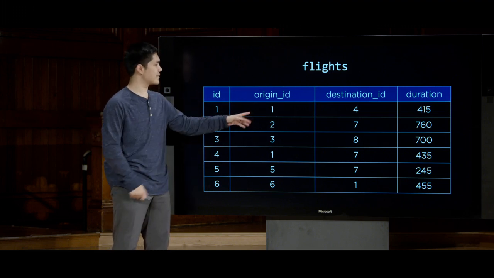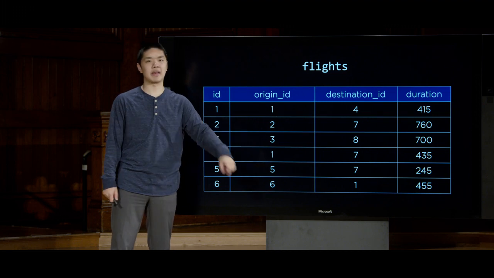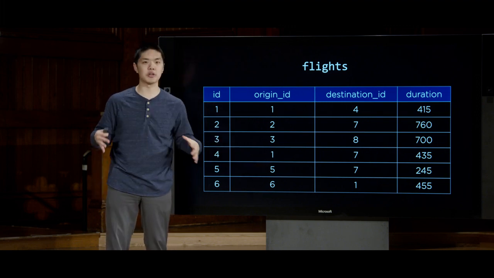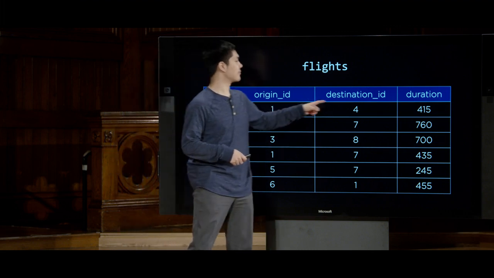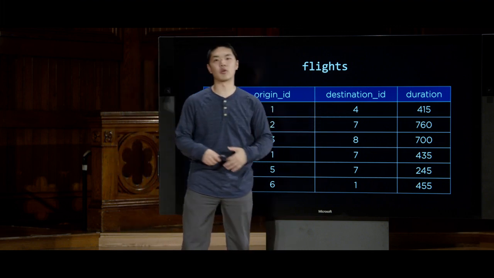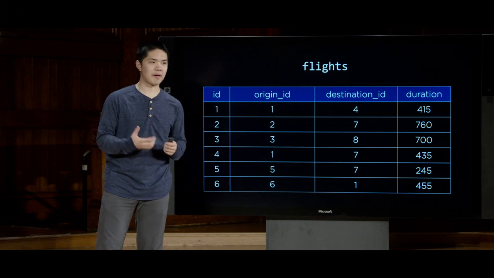With any given flight, it has an origin ID, meaning which row in the airports table is represented by the flight, and then which row in the airports table is going to represent the destination for that flight. So we took one table and effectively split it up into multiple tables, each of which ultimately had fewer columns.